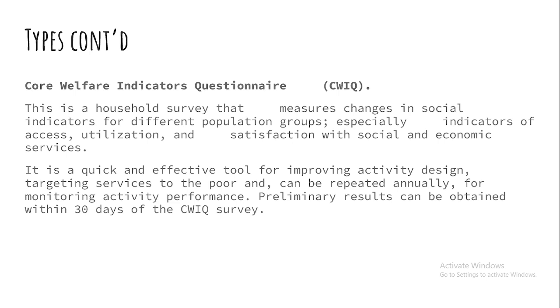So this core welfare indicator questionnaire or survey is basically looking at the social change, the social indicators, in the different population groups, where you look at access and utilization or satisfaction with the social and economic services.